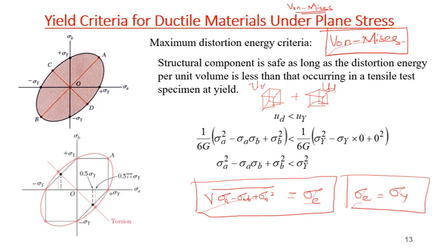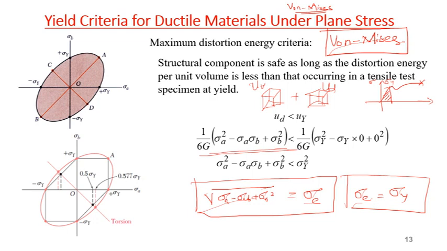So the distortion energy should be compared with the distortion energy under the uniaxial tensile test at sigma y, not the full strain energy, only the distortion part. That is equal to 1 by 6G times sigma y squared. Under the plane stress case, what is the distortion energy?